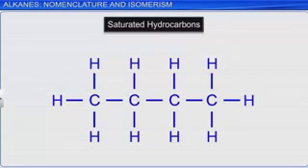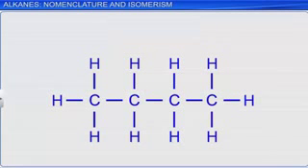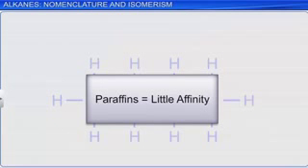They contain carbon-carbon single covalent bonds which are strong sigma bonds. Due to this, the compounds are almost chemically non-reactive at normal temperature and pressure. This is why they were earlier known as paraffin, which, in Latin, means little affinity.